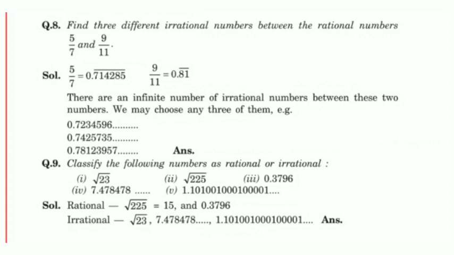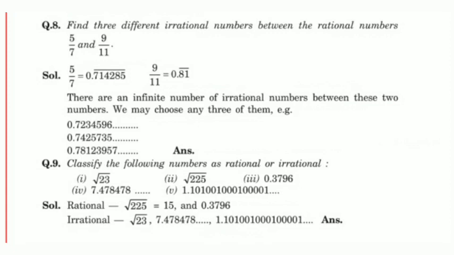Similarly in the 9th question, you have to classify the following numbers as rational or irrational. Rational means we can write it in the form of p by q. Here root 225 is rational, because the root of 225 is 15. The third number they gave, 0.3796, has finite digits, so you can write it in the form of p by q.